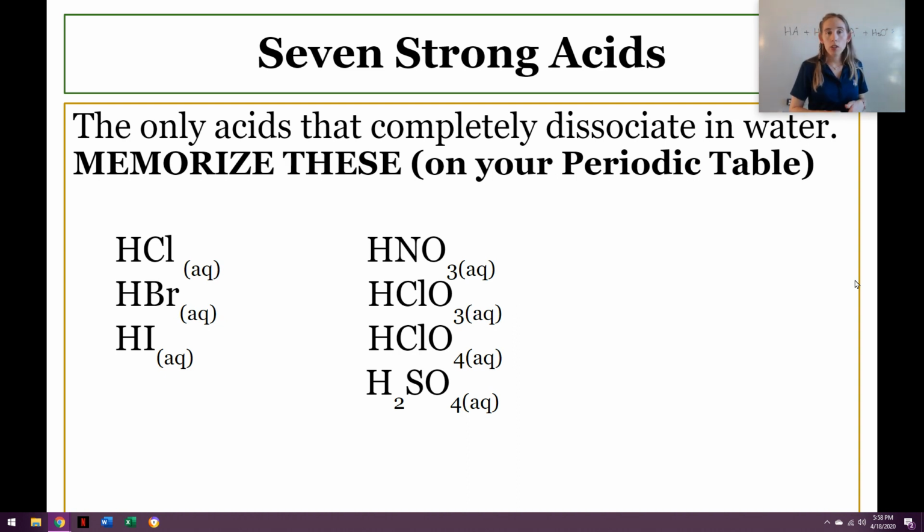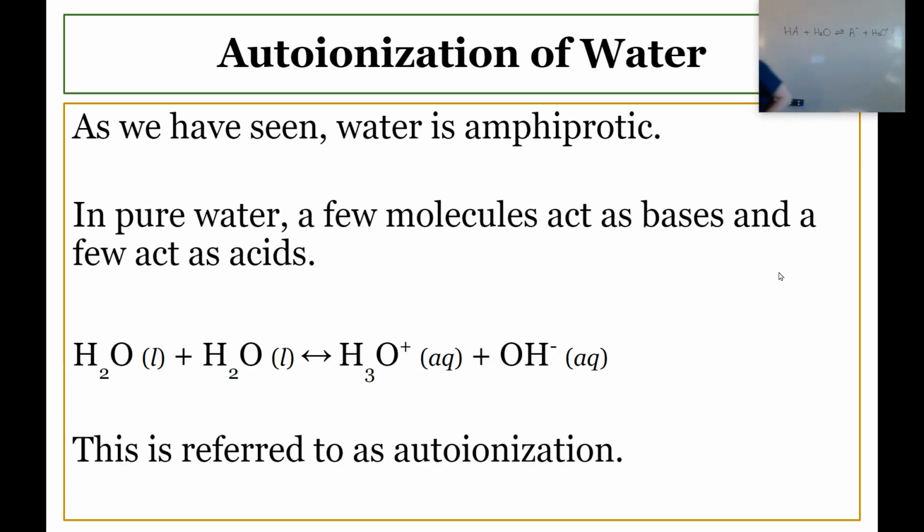So that H2SO4 is your diprotic. It has 2 hydrogens in there. All right, so there's your strengths of acids, your strong acids. We're going to move on to the autoionization of water, and we'll get back to strong and weak acids later in the next unit. But for now, we're going to work on our autoionization.